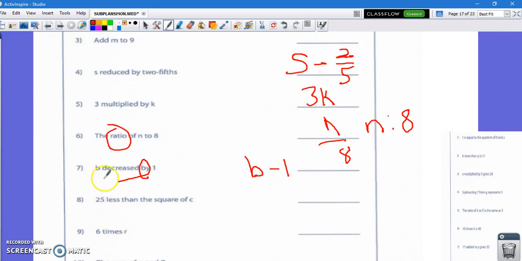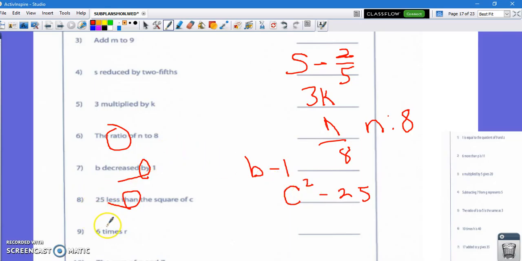B decreased by 1. 25 less than the square of c. 25 less than. Keyword. Means you're taking the 25 away, starting with c squared. 25 less than the square of c.